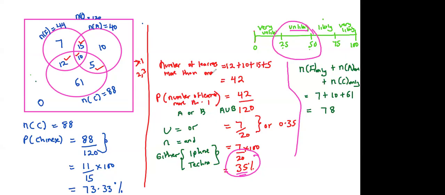In this case, students have an alternative of taking F, taking A, or taking C. Never add 44 plus 40 plus 88 in sets. There is nothing you are finding there.